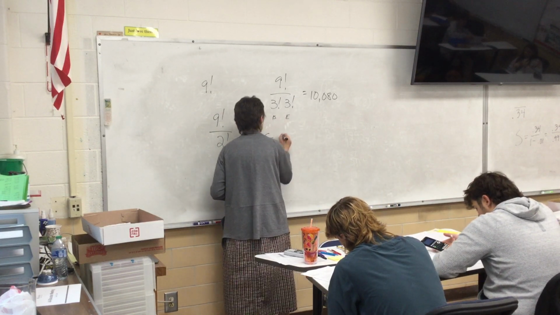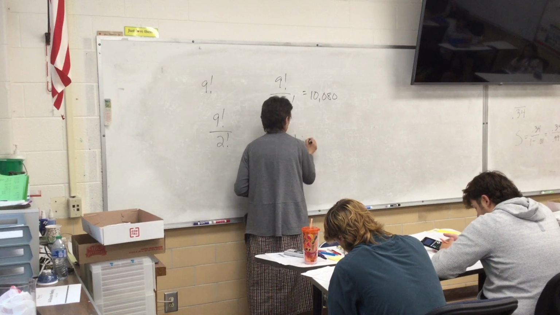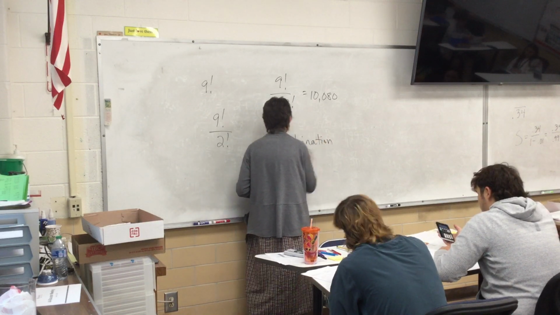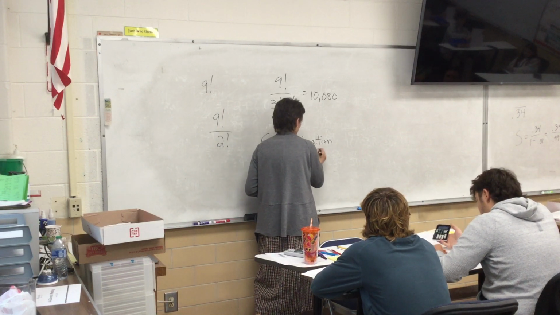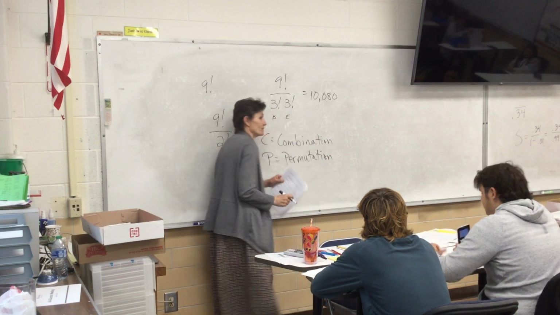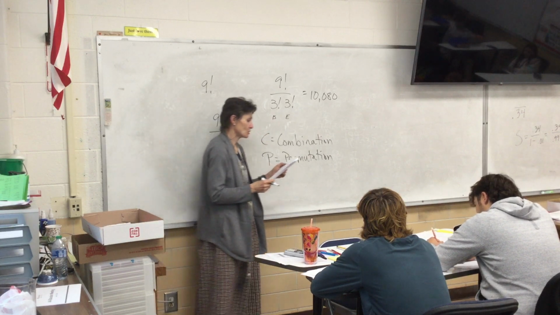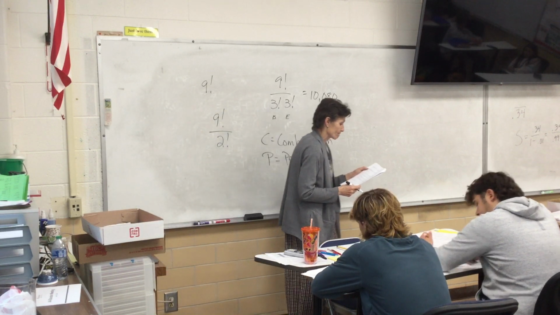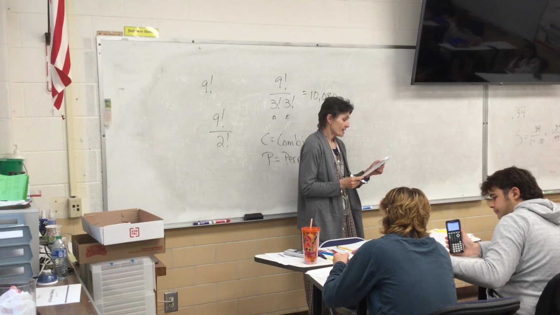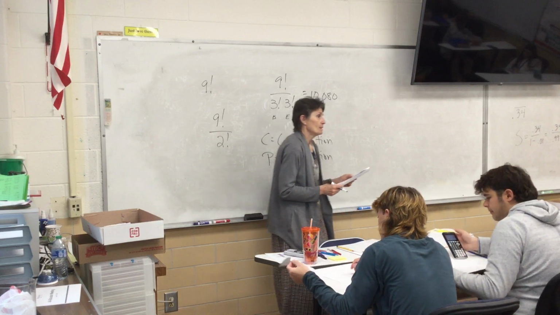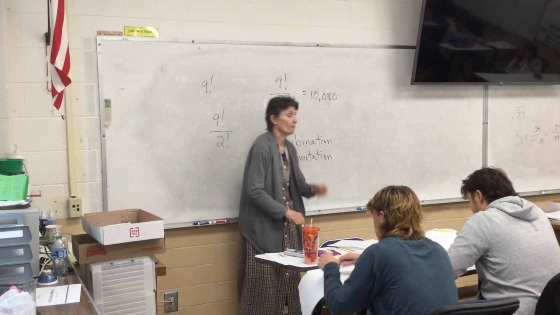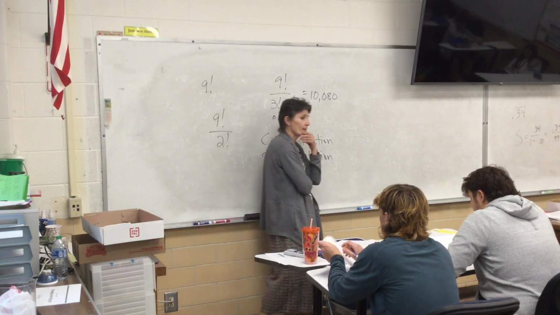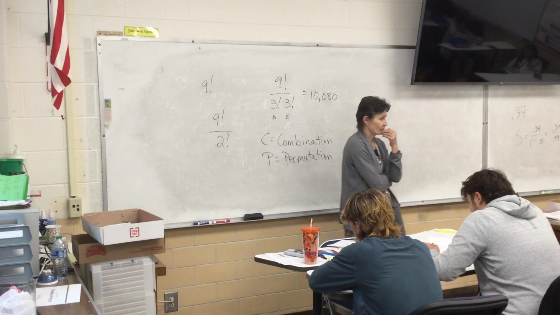C is a combination, and P is a permutation. I want you to know the difference between those two. So I'd like you to read question 6, A and B, and tell me what the difference is between those two problems. 6A and B, what is the difference?